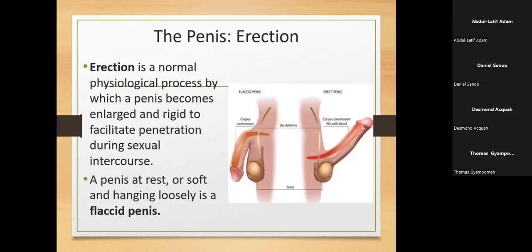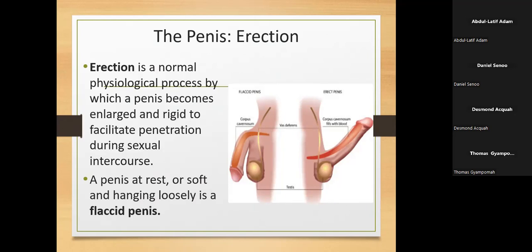All right. So one of the normal phenomena associated with the penis is, of course, erection. You have a situation where it is either erect or non-erect. When it is not erect, we call it flaccid. A flaccid penis is one which is at rest in its normal state, hanging loosely.